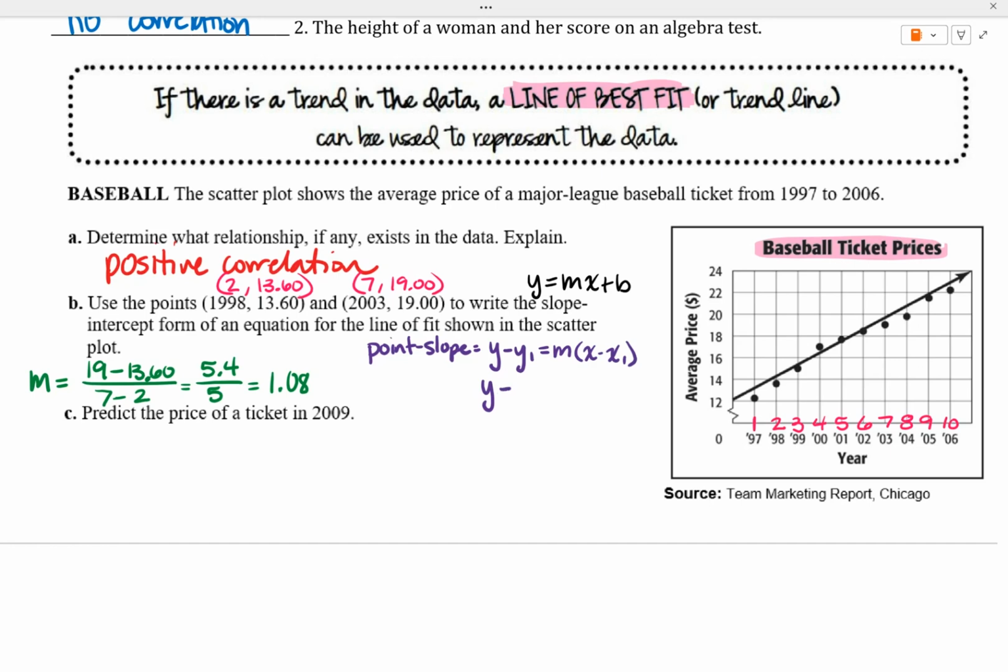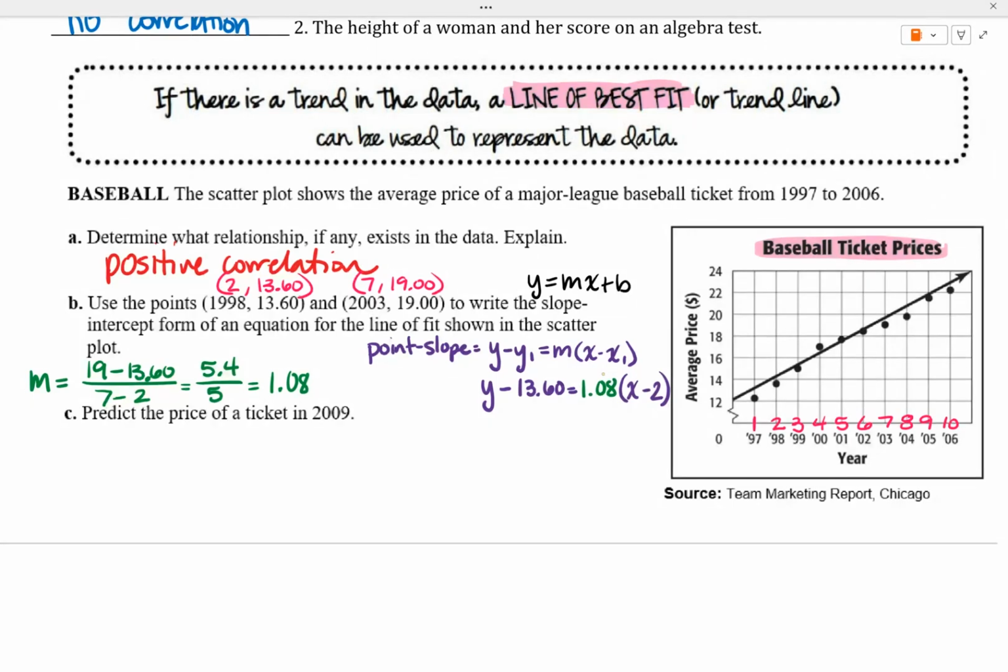So y minus, and you can use any of the numbers. You can use 2, 13.60, or you can use 7, 19. It does not matter. I'm just going to use the first one. So y minus 13.60 equals our slope m, 1.08, parentheses x minus 2. And then I'm going to transition this into slope-intercept form.